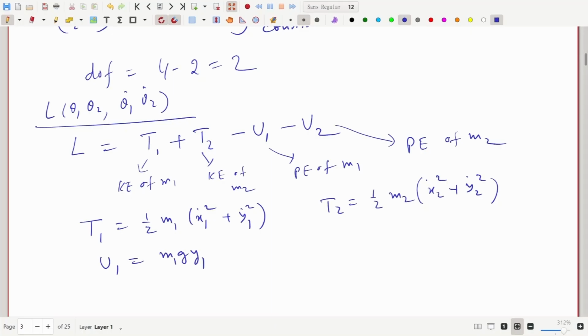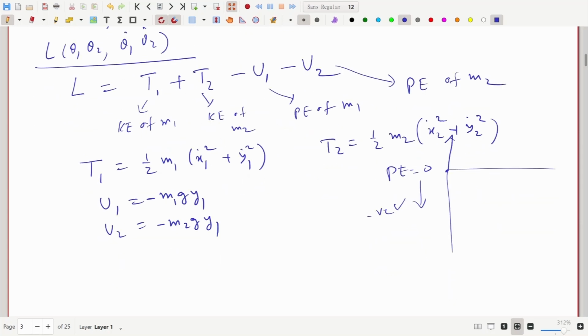So this will be m1 g y1, and minus, because we are considering the zero of the potential energy here. So PE is 0 here. If we go up, it will be positive; if we go down, the potential energy is negative. So U1 is minus m1 g y1 and U2 will be minus m2 g y2. Now at this point, let us consider that we have the zero of the potential here.